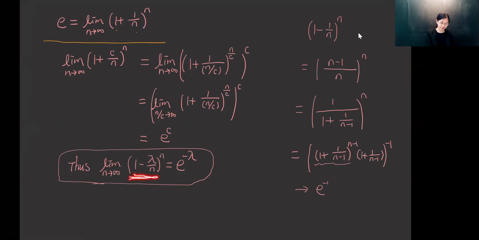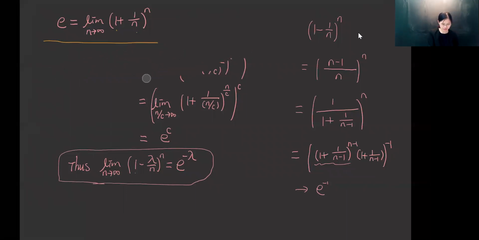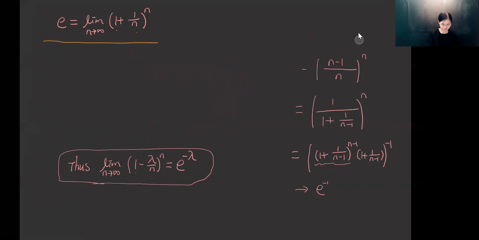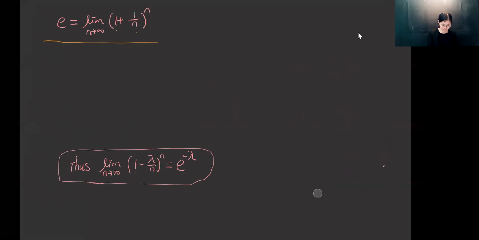How do you get that? Well, let me actually try to do this from scratch because that might be more clear. So what you want to get, what you have is this. How do you go from there to here?